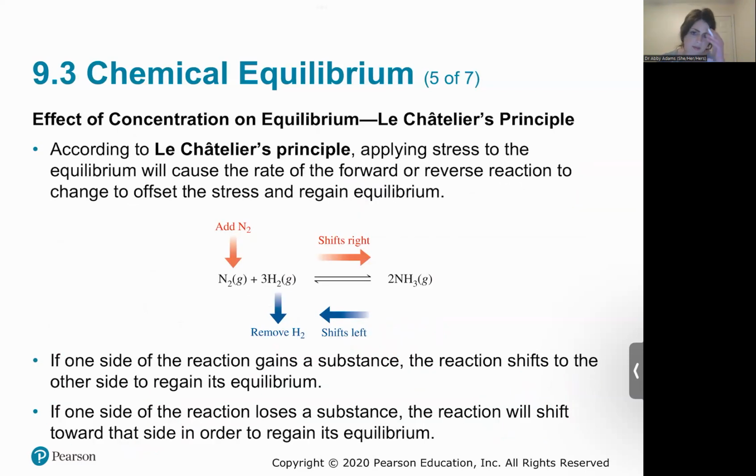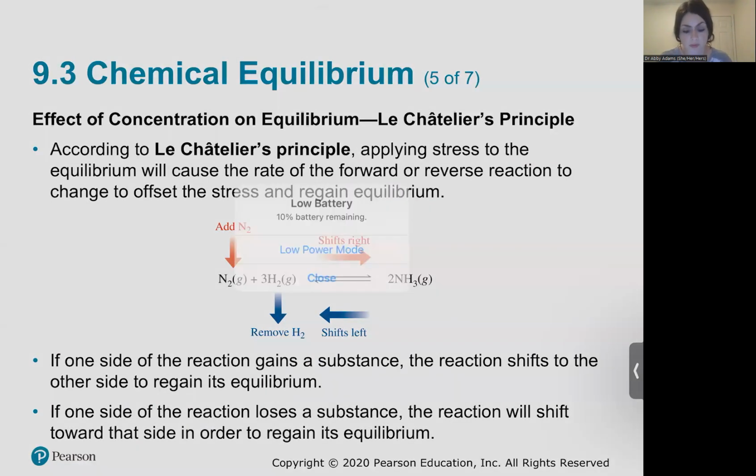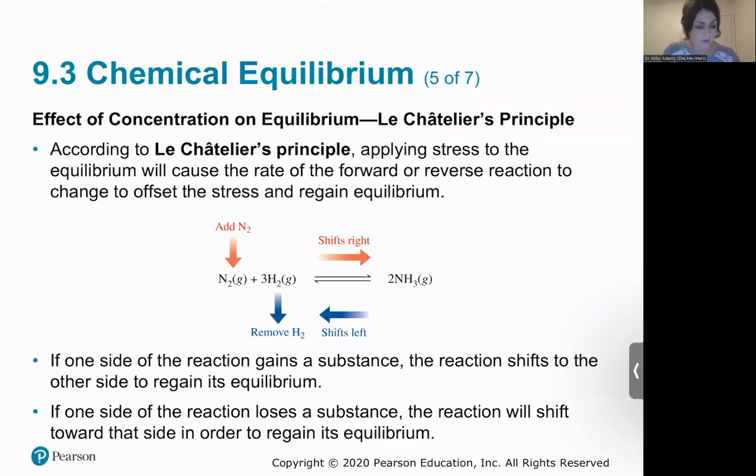So we can change the environment of a chemical reaction and apply a stress to the environment. And whenever we do that, we cause a change in the rate of the reaction, the forward or reverse reactions.